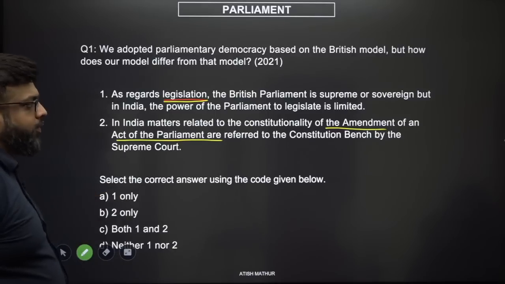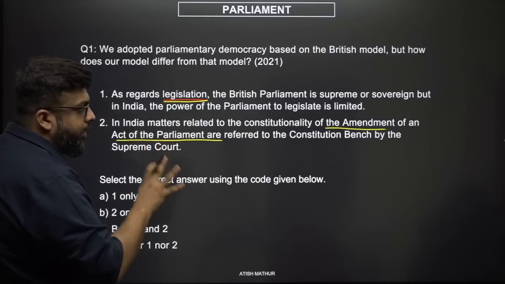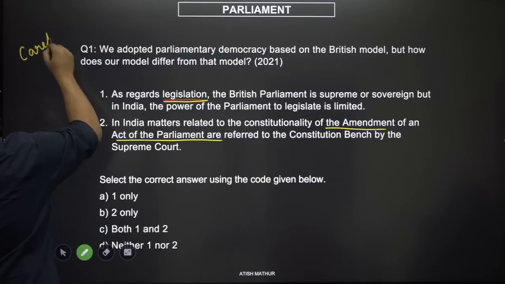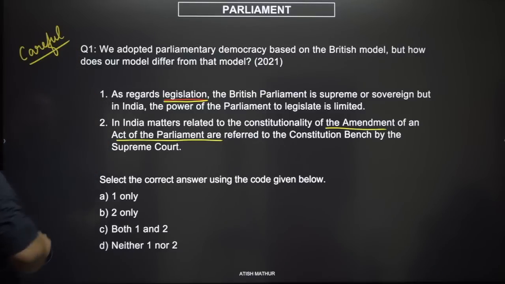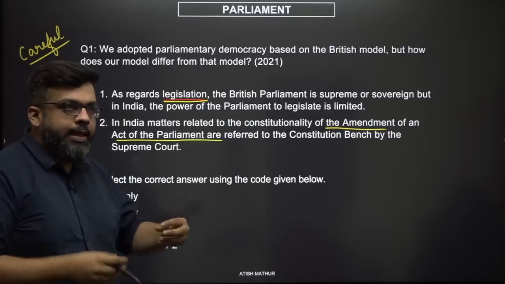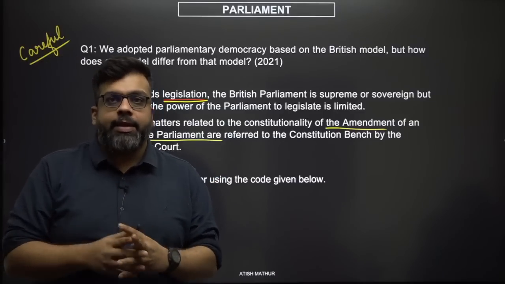And now we look at solving the question. See, the first thing that we must do in a question like this is that we must be very careful, because the devil lies in the details of these questions. They have unnecessarily elongated the length of the question so that candidates get confused.